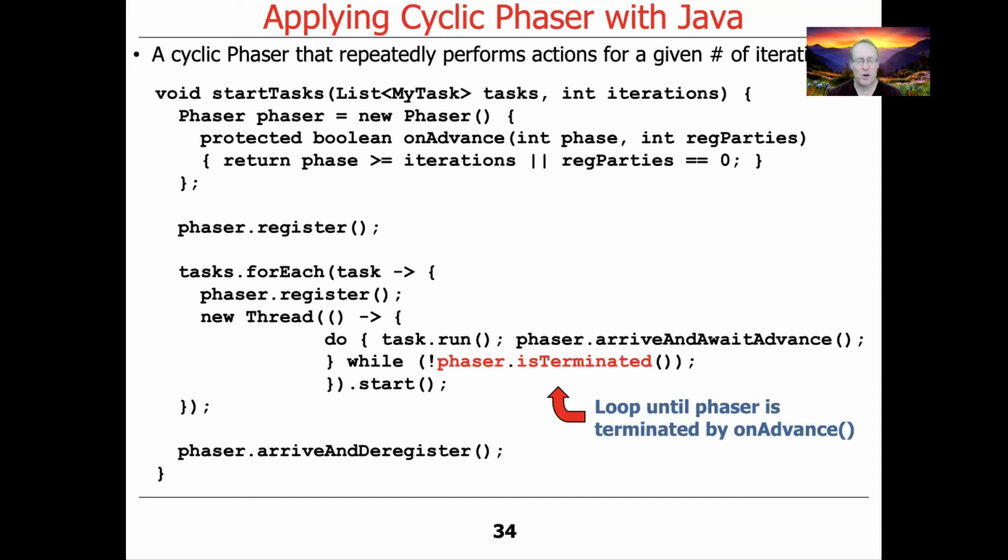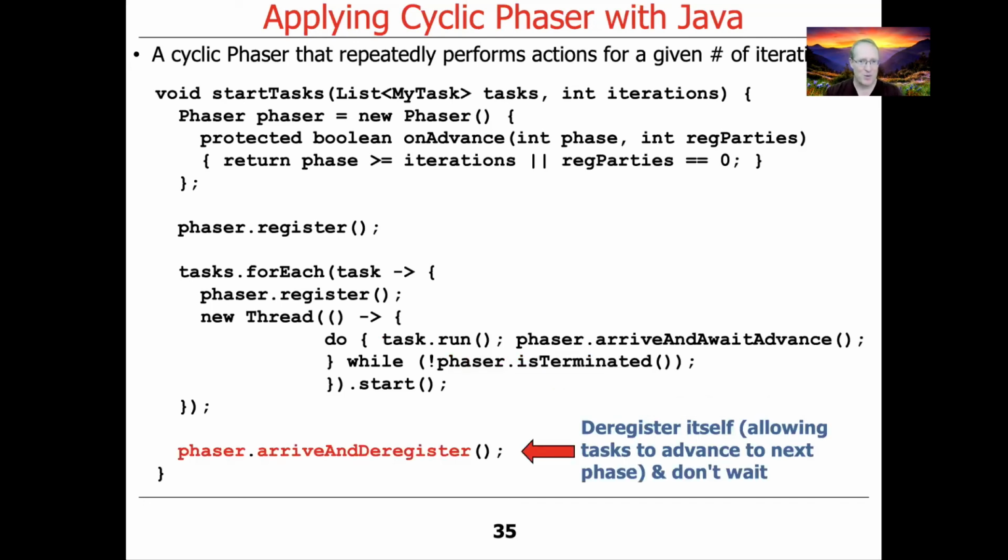And so now at this point, the loop will be terminated because all the tasks have had a chance to run. And again, as we showed earlier, the calling thread, the one that sets the wheels in motion, will deregister itself and allow any other tasks that are in these loops to advance to the next phase after they get a chance to run the task.